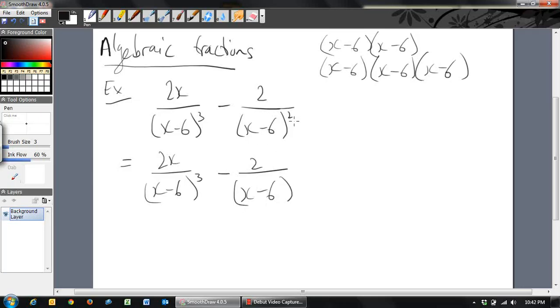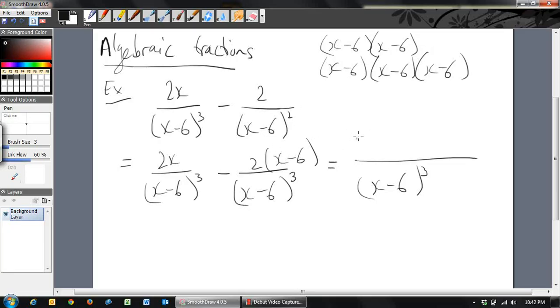Now, we're going to times this bottom line by x minus 6, so that's going to change the squared into a cubed, and we're going to times the top line by x minus 6. So all we've done is times the top and bottom lines by x minus 6. What that gives us is the common denominator, and we can now do our subtraction.